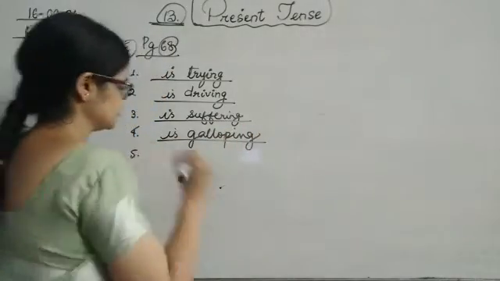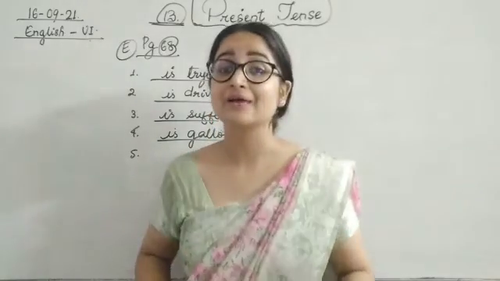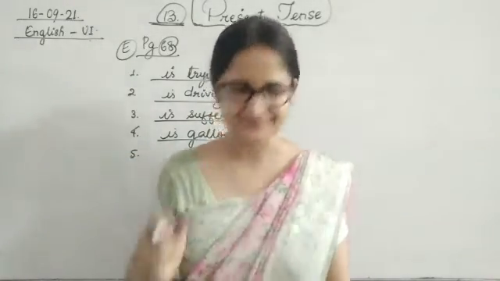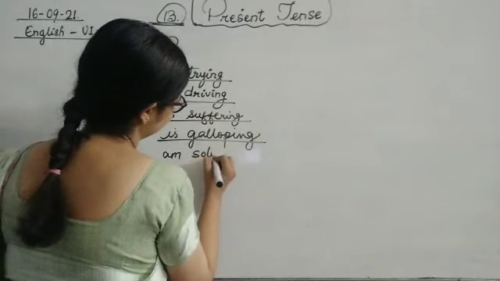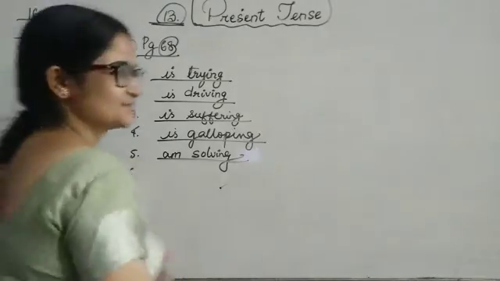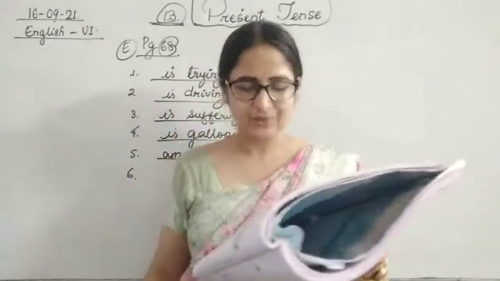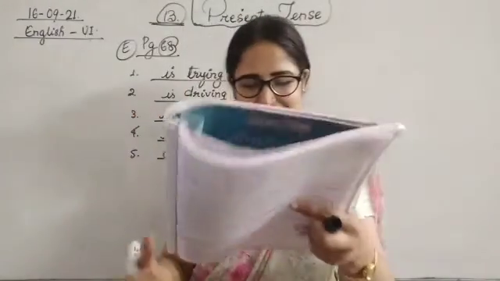Number 5. I dash a puzzle. With I you have to use am. I am solving a puzzle. Number 6. Okay, so we do not have a 6. Great news. Let's move ahead with the other exercise.